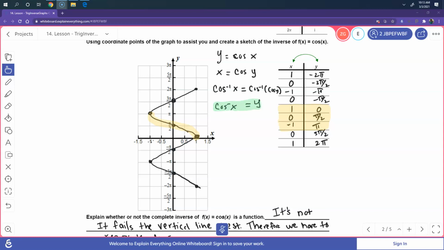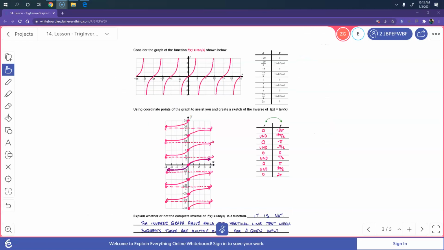So this graph is called y equals capital C, inverse cosine of x, because we restricted the domain from -1 to 1. I'm not going to spend too much time on the inverse tangent graph. I'm just going to focus on the inverse cosine and inverse sine graph, and here's an example of the table.